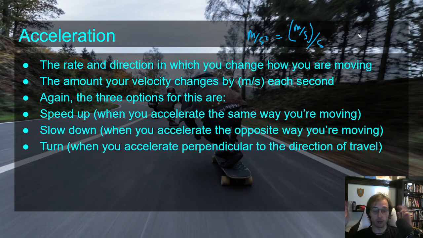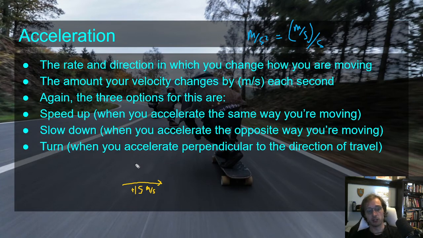So again, you got three options for this. The first one is when you speed up. Now, what acceleration does with that, let's say 10 meters per second squared, is let's say that this arrow is representing my velocity, and let's say that it's plus 5 meters per second. And I'm actually going to make it plus 15 so that I can demonstrate something.